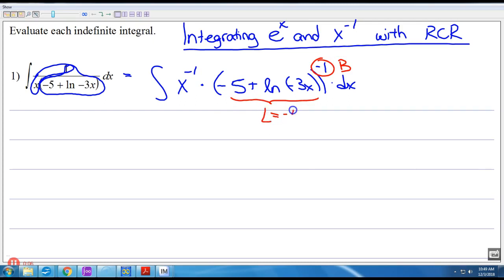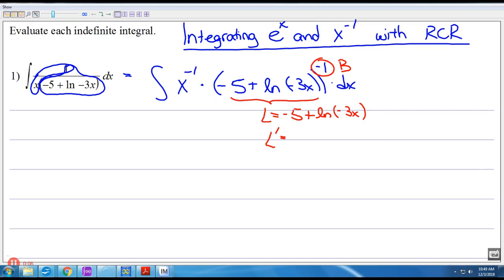And then, here, I'm writing it again. As these get more complicated, I think this is really helpful, where you write down L equals this, the little guy equals this, and then L prime. So if I started from here and I ask you to take the derivative, what is L prime? And then we'll see if we can match that up with the part we haven't used yet. So what's the derivative of -5? 0.